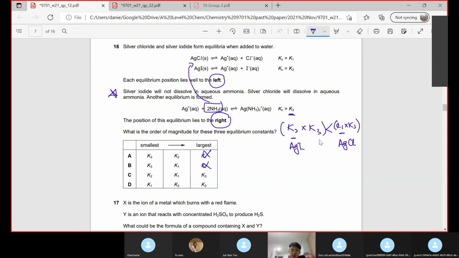So AgCl is greater than AgI as AgCl can dissolve. So from here, since both are multiplied by the same constant K3, the value for K1 should be greater compared to K2. Okay, so K1 is greater than K2. K2 is the smallest, so the answer will be C. Okay, so this is how we answer the question.